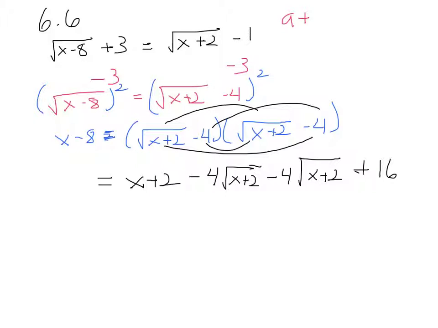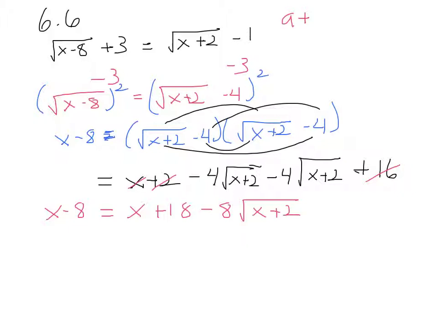So I would have this is equal to x, and then I have my 2 and my 16, so that goes plus 18, and this would be minus 8 square root of x plus 2. And that's still over here equal to x minus 8. Well, we're getting a little bit closer, I think. Maybe you can kind of see it shaping up.